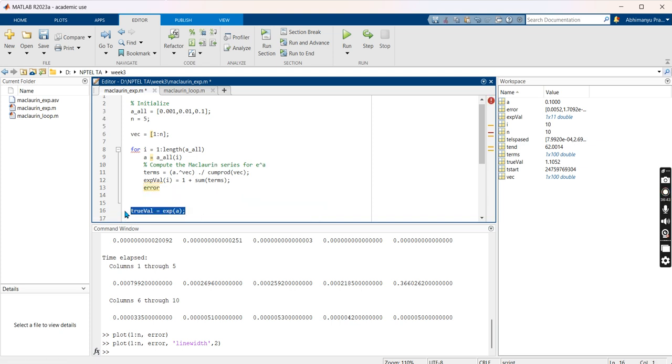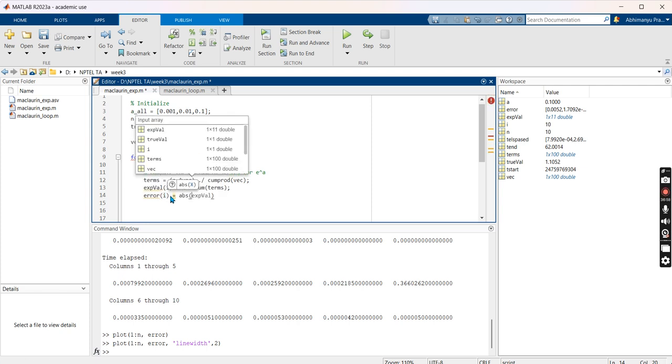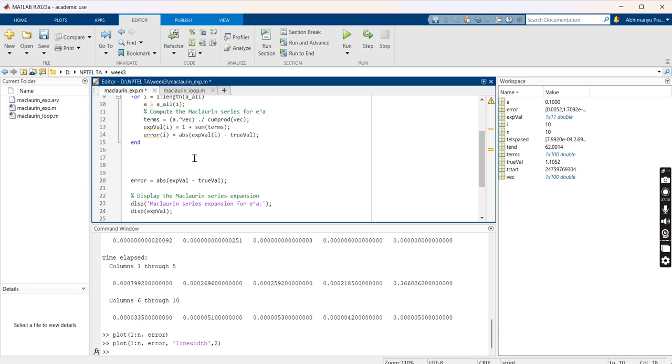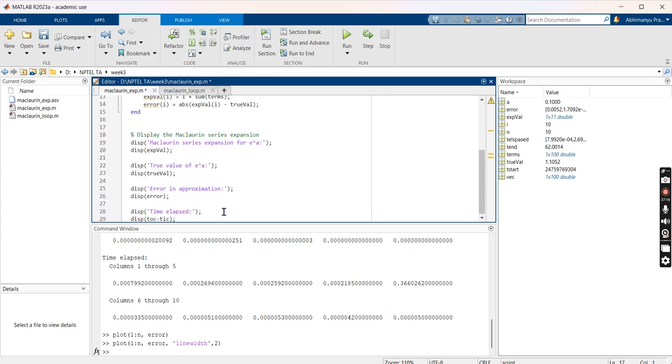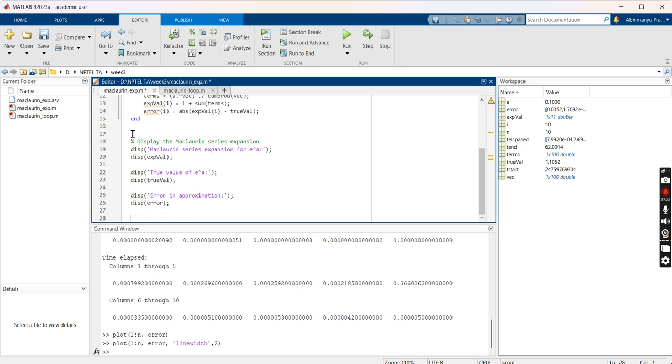So I will move this to the top because we need this variable for calculating error. Then my error for each I would be same value exp val I minus true val. I will end this loop. So this is the display part. Let us now write the plotting part.